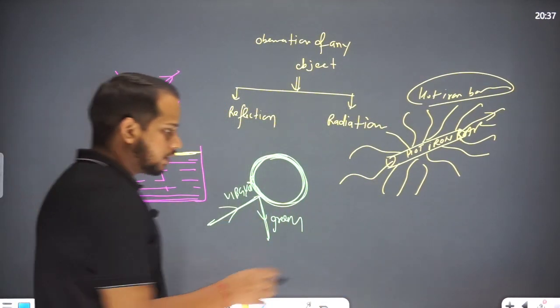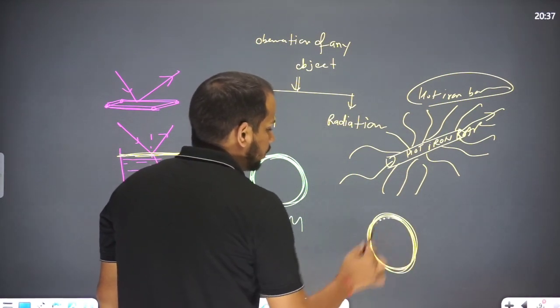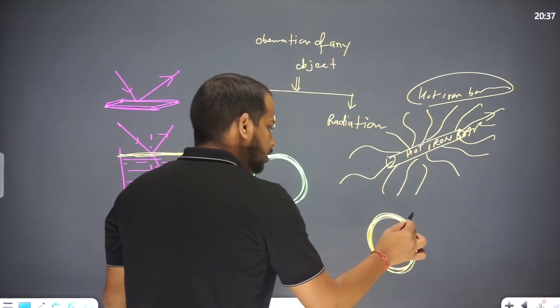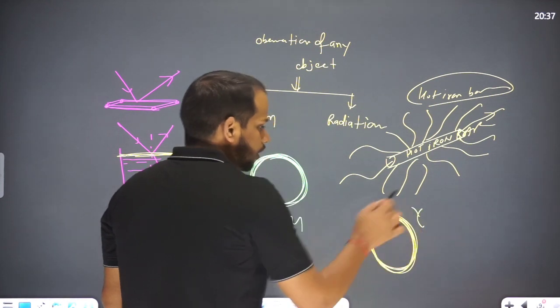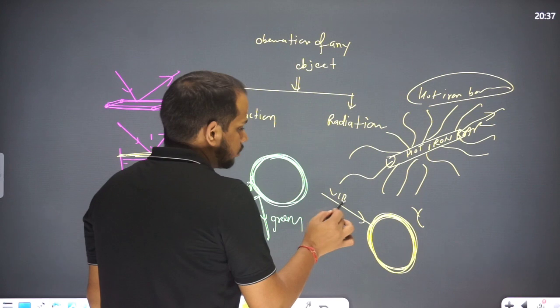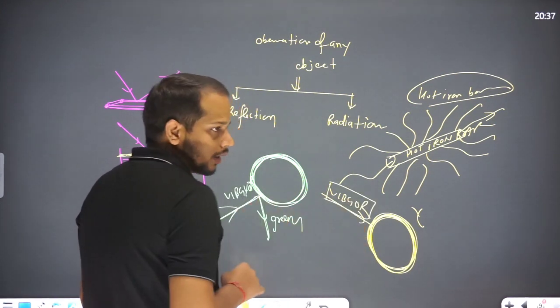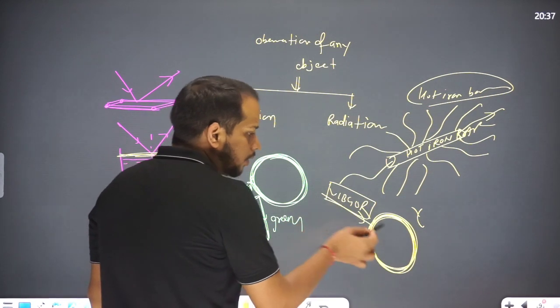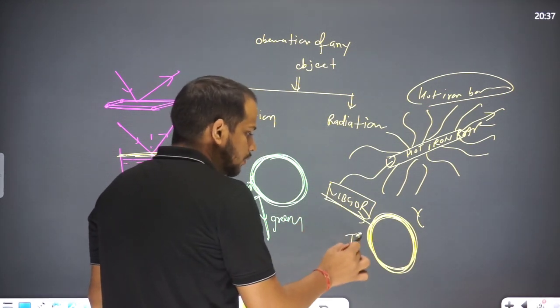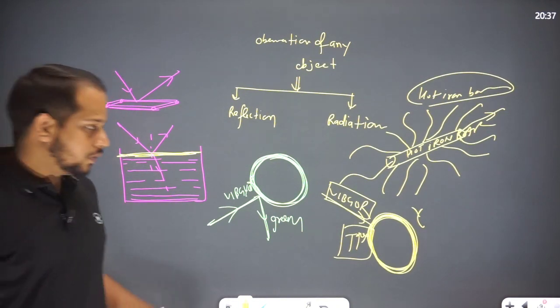If I say this is the object we have, and it is yellow, and we are incident a light over here that is not yellow, then what will happen? It will absorb all the light, and its temperature increases with respect to time.